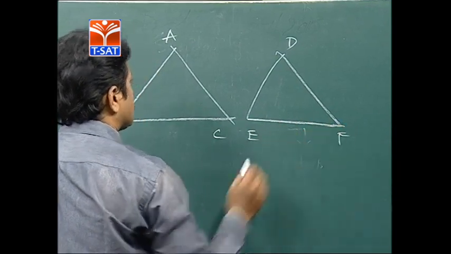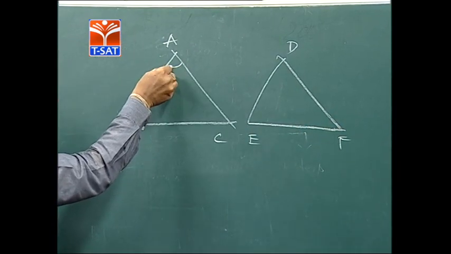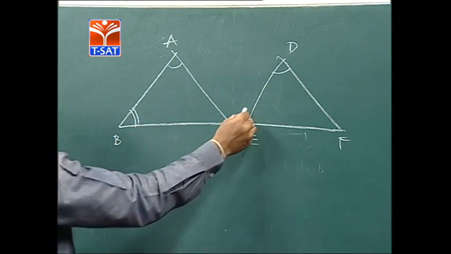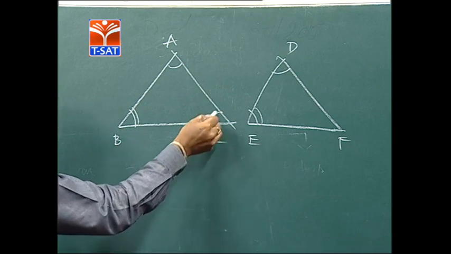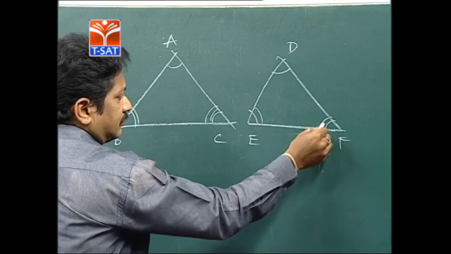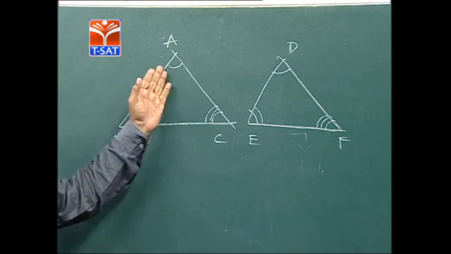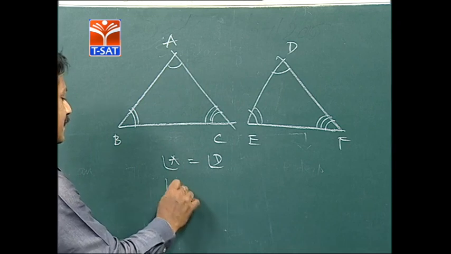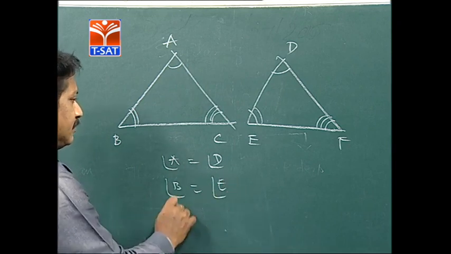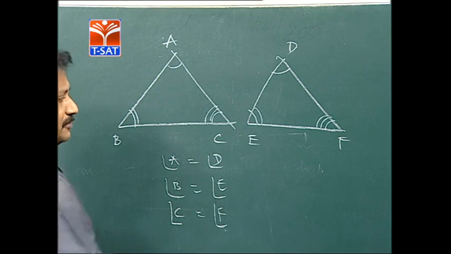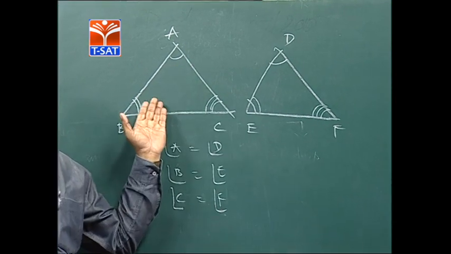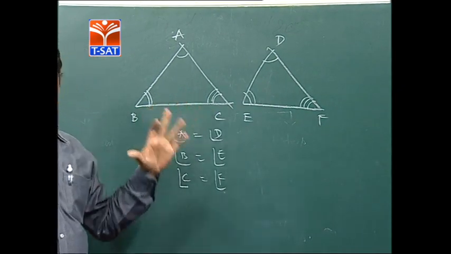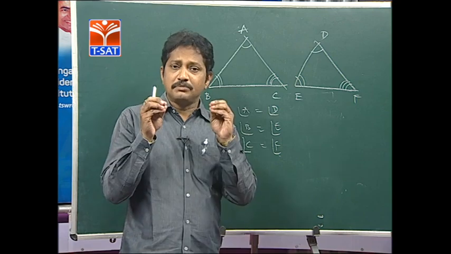If angle A equals angle D, angle B equals angle E, and angle C equals angle F, meaning all three angles of one triangle are equal to the corresponding angles of the other triangle, then those two triangles have the same shape.